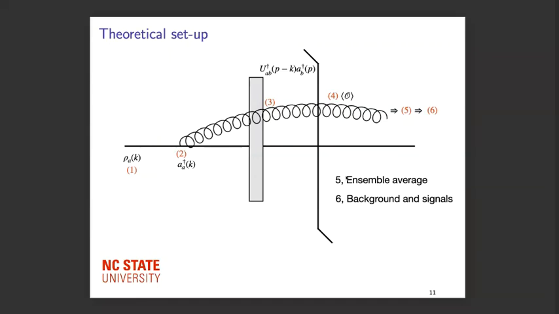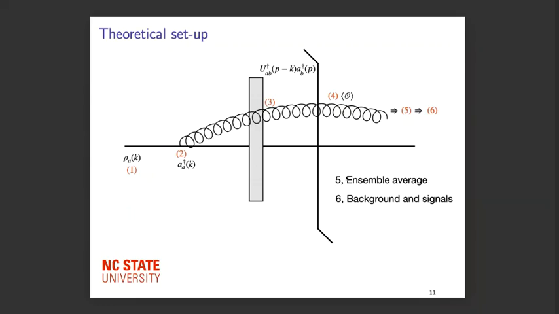Then from this source, we create one or two gluons. Here I only show one. The gluons and the source will go through diagonal scattering. They will pick up a phase, their color is rotated, and they get a transverse momentum kick. Then they pass through this final state cut, and then we can compute observables.